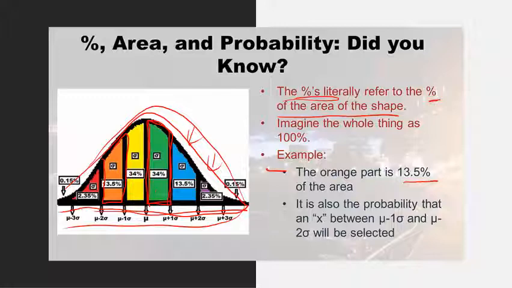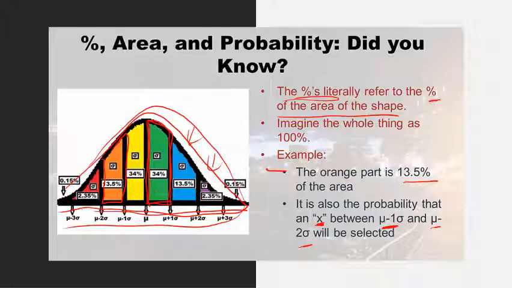It is also the probability that an x between mu minus 1 standard deviation and mu minus 2 standard deviations will be selected, with mu or mean being the same thing.